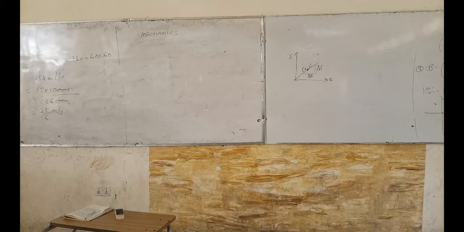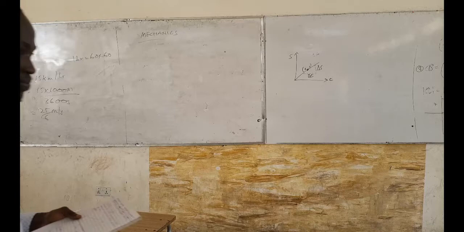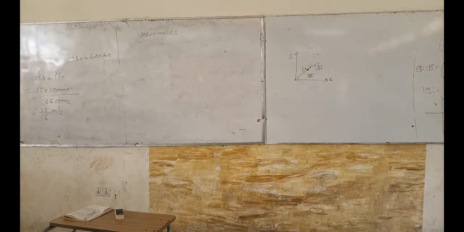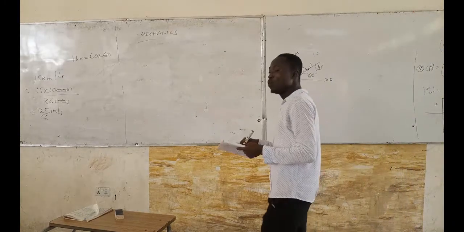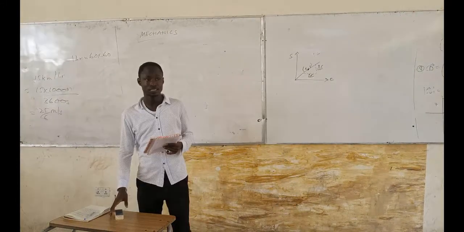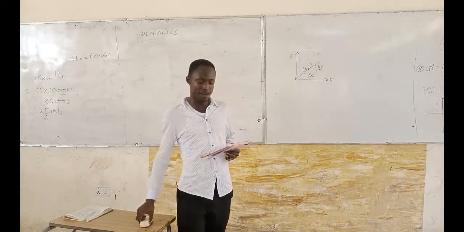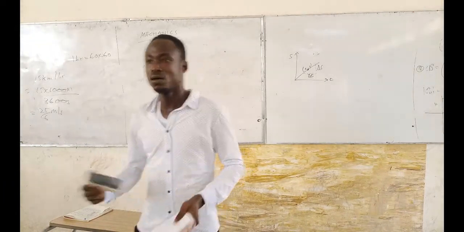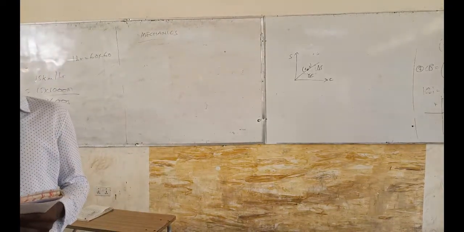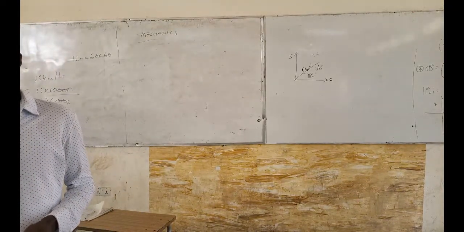Consider the velocity time graph of an object moving for t seconds, meaning the time in seconds, with constant acceleration.